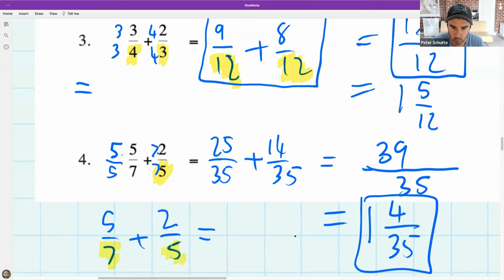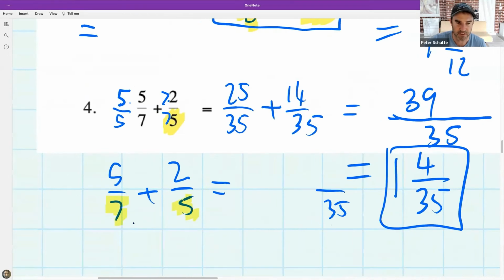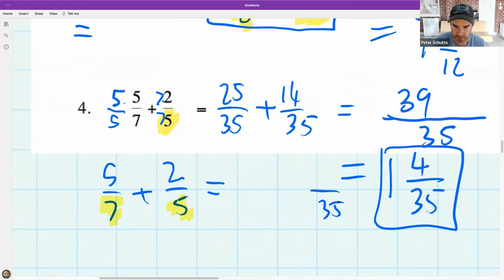So she got all the way to 35, but there was still the problem of how do you make the equivalent fractions? How do you work with the 5 over 7 and the 2 over 5 to get to the 35? And that's where she said something called cross multiplying. But I like to say, and it's not wrong to say that, but what number do I multiply 7 by to get 35? And the number is going to be 5.